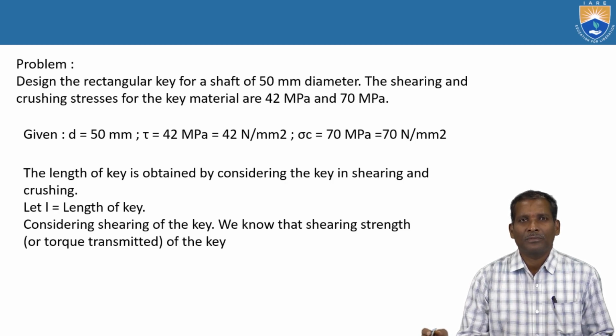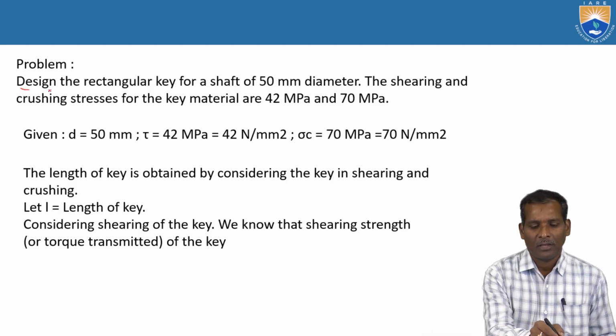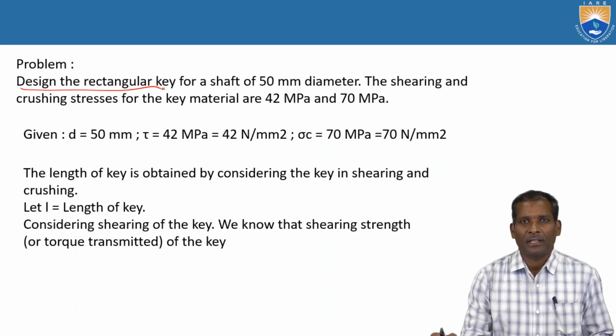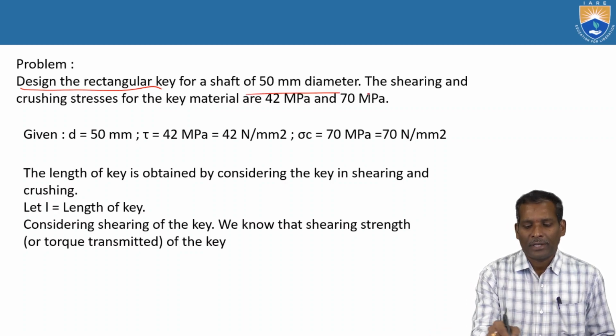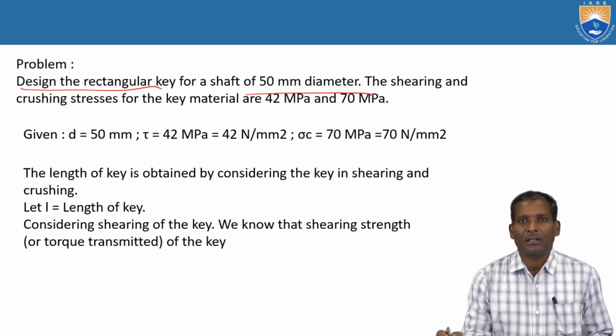In this problem, the first problem is to design the rectangular key for a shaft of 50 diameter. The diameter of the shaft is very important in designing keys. Each and every dimension depends upon the shaft diameter only, in keys and couplings also.